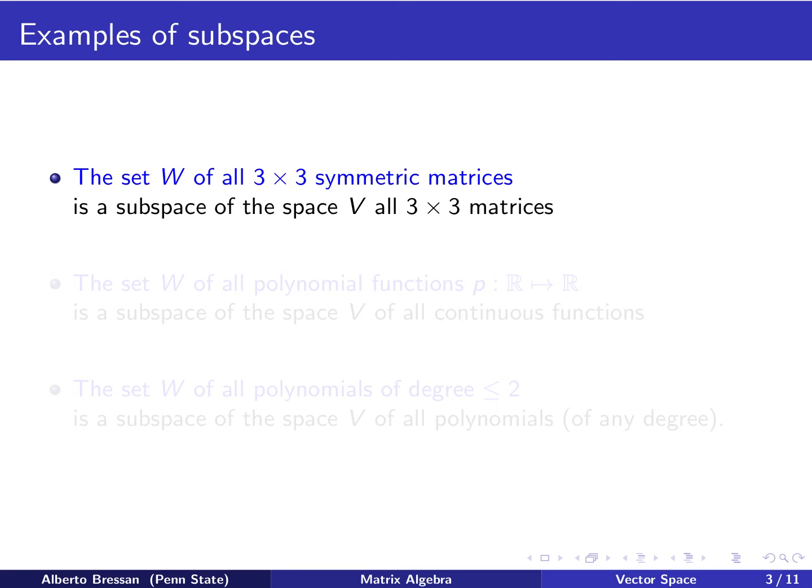Then we can take all the symmetric matrices and form a set, which we call W. It's the set of 3 by 3 symmetric matrices, and this is also a vector space. Therefore, it's a subspace of the space V.